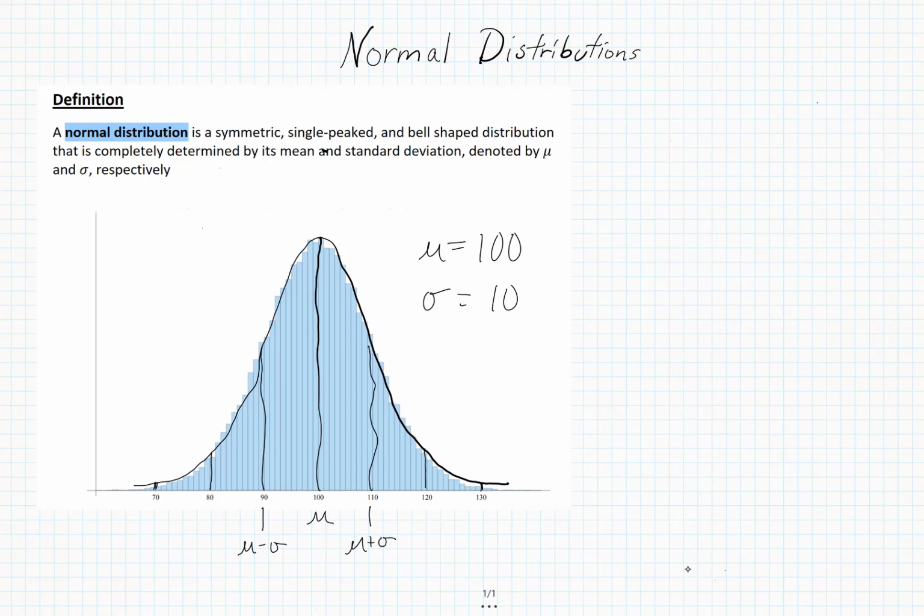So this is another way to write 110. 120 would be mu plus 2 times 10, so an easier way for us to write that is 2 sigma, and the 80 would be mu minus 2 sigma. Same thing with the 130, this would be mu plus 3 standard deviations away. Nice shorthand notation is 3 sigma. And then same thing for the 70, it'd be mu minus 3 sigma since we're going to the left.